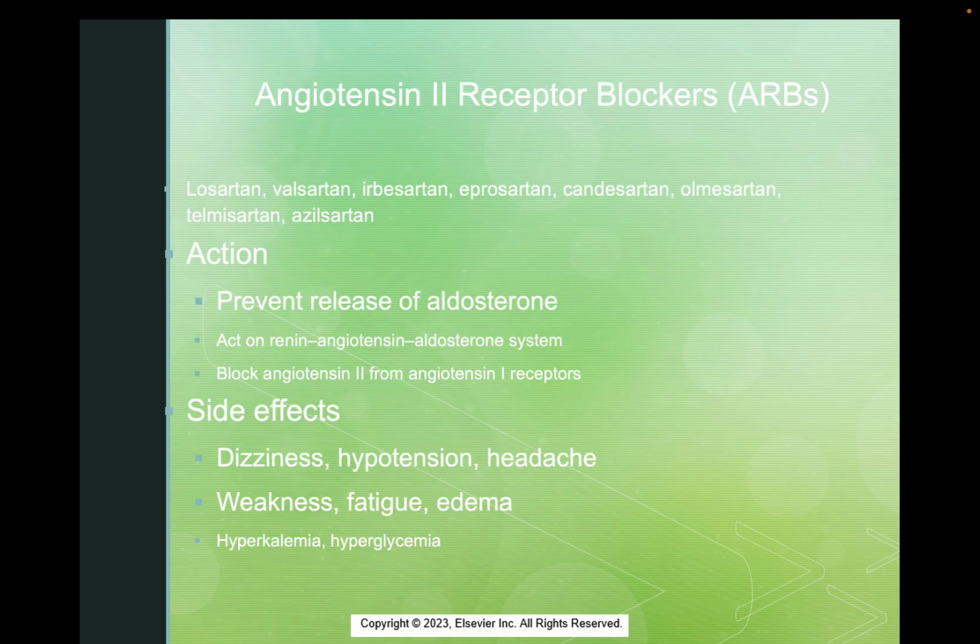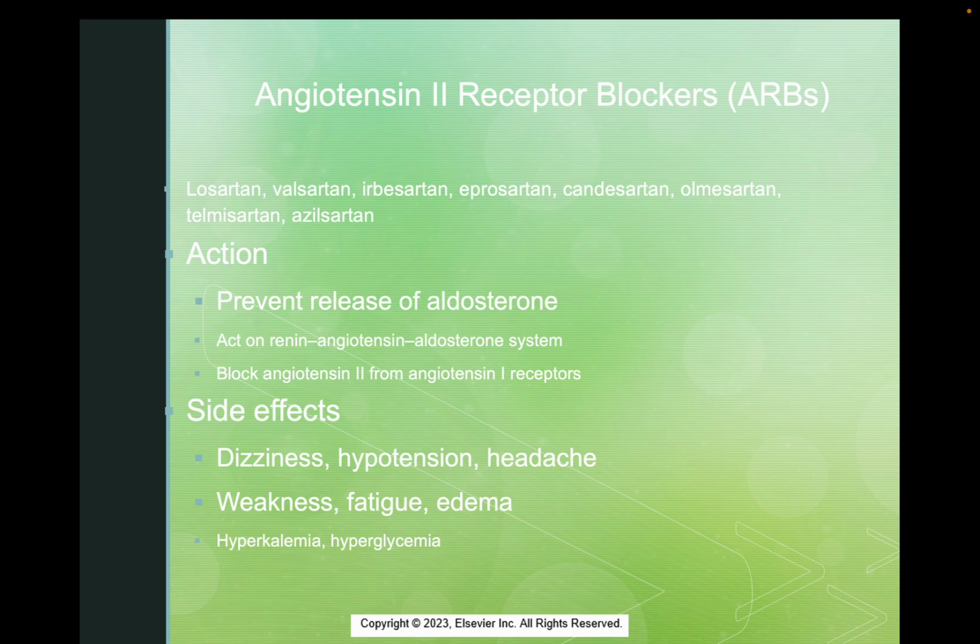So we'll talk about our ARBs, our angiotensin II receptor blockers. When we talk about ARBs, they are similar to ACE inhibitors in that they prevent the release of aldosterone. So these act on the RAAS system again, and they block angiotensin II from angiotensin I receptors.